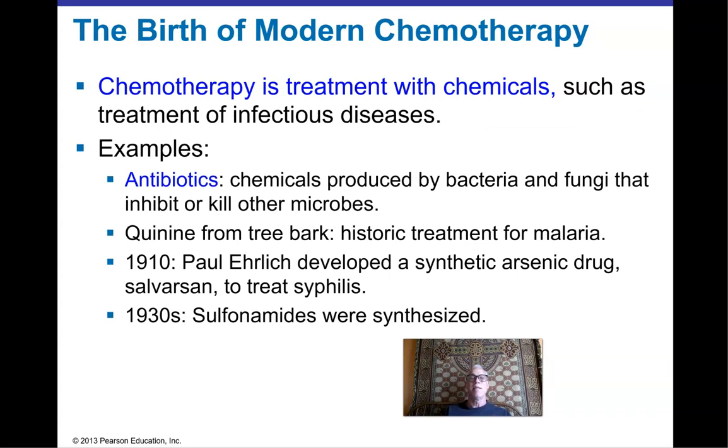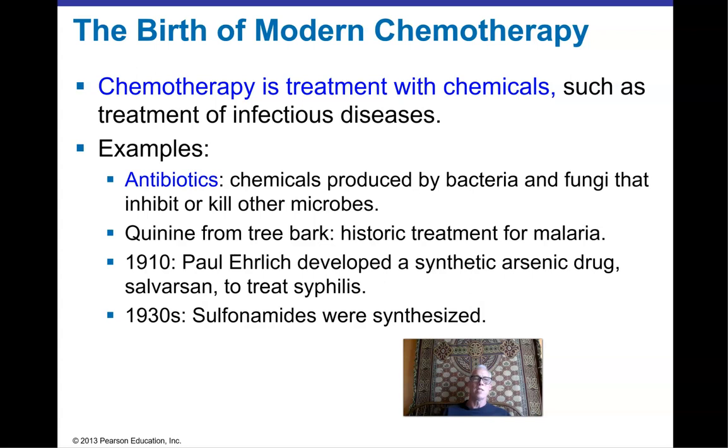Chemotherapy is the idea of treating diseases with chemicals. Let's say we have a disease and we know it's caused by a certain microbe. If we can find a chemical that will kill that microorganism but not kill the host, well, then we've got something, and that's called chemotherapy. We use the word chemotherapy usually today to mean treating cancers with chemicals, but in truth, chemotherapy just means treating any disease with chemicals.